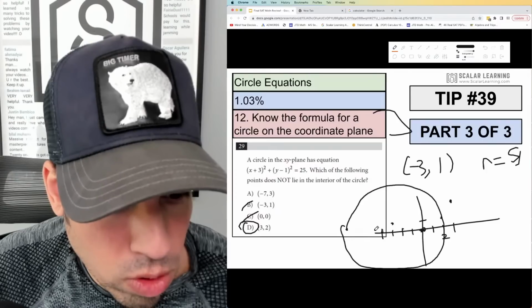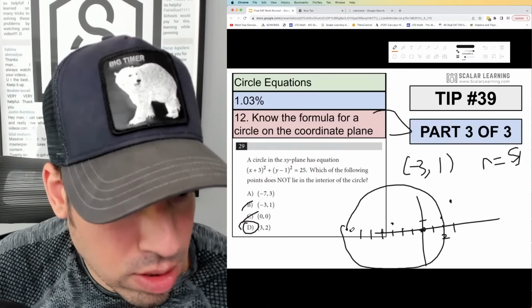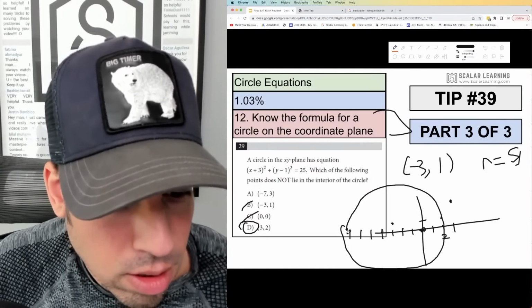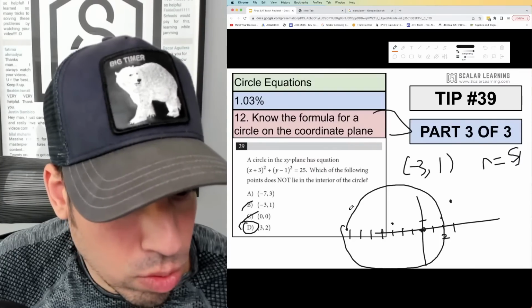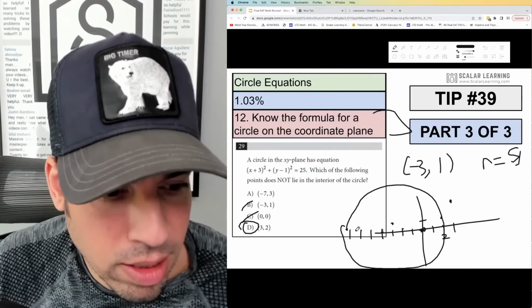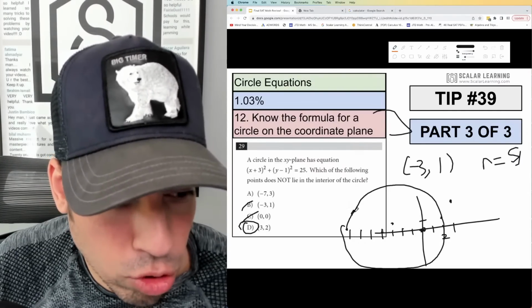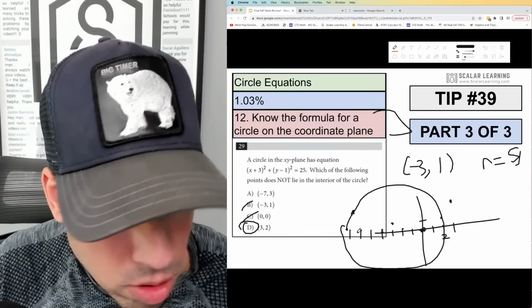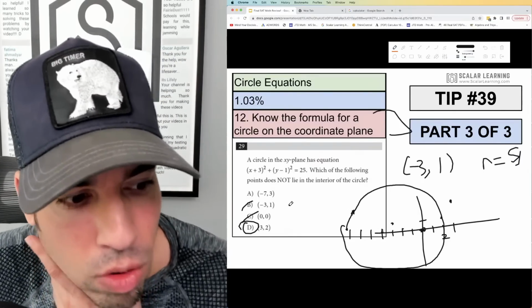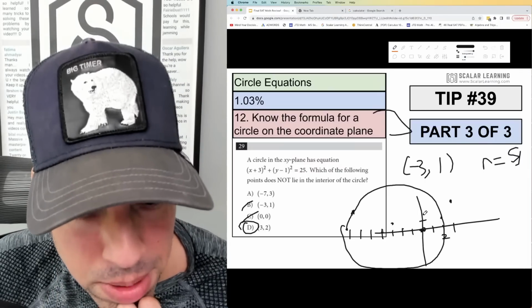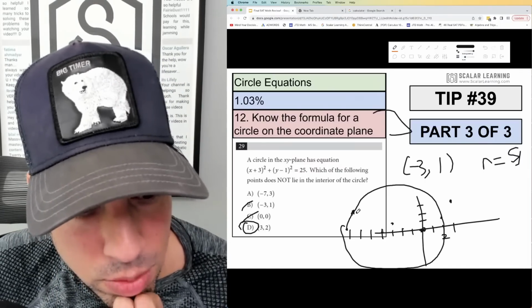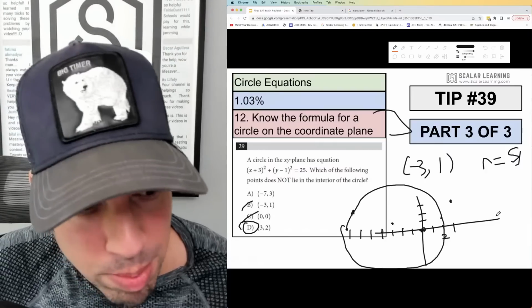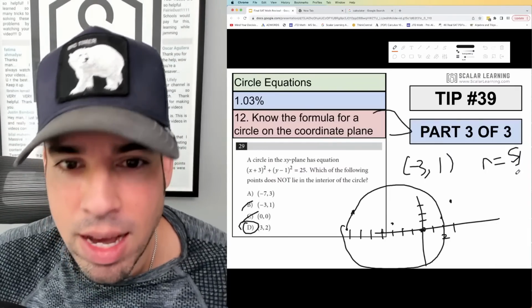Here's -4, -5, -6, -7, something like that. And then up 3. Ooh, it's close, but it still looks like it could be in the circle. It's probably right on the circle, or maybe it's still in there. I don't know. My drawing's not the best. 2, 3. Yeah, it's probably inside. I'm just approximating, but 3, 2 is clearly outside.